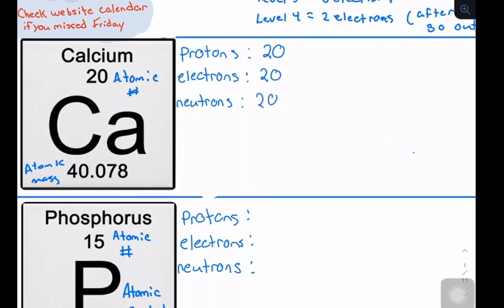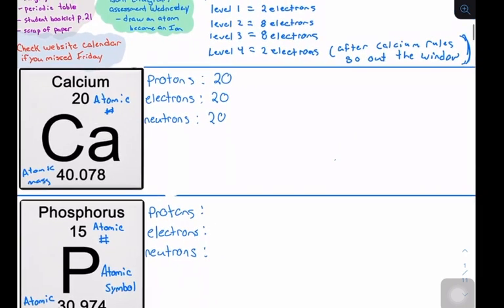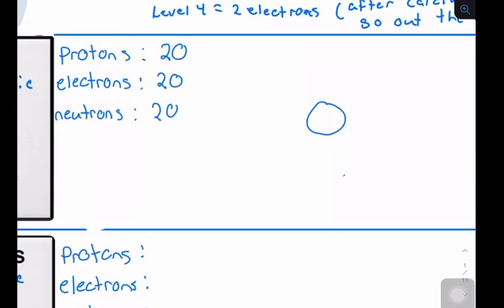In this case, we do have the same amount of neutrons as well, but that's not the case every time. So our first step when we're going to start our model is to make a circle to represent the nucleus. Inside, you're going to communicate how many protons and how many neutrons are in your atom.